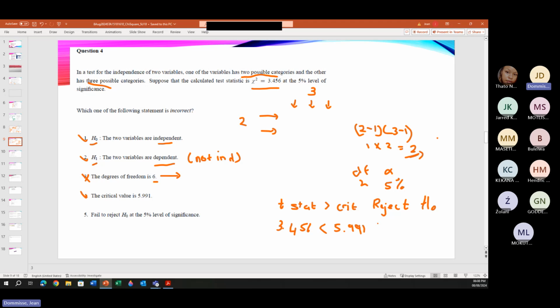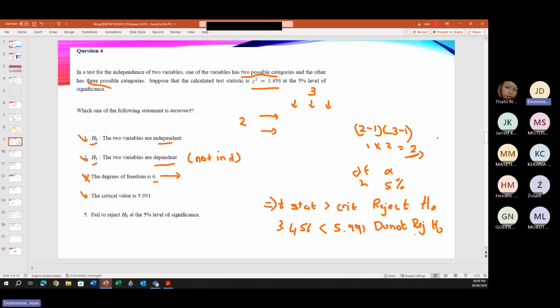So in this case, we do not reject the null hypothesis. That is the rule, but we can now see that your T-stat is actually smaller than your critical, so we do not reject the null hypothesis. A bit tricky again.